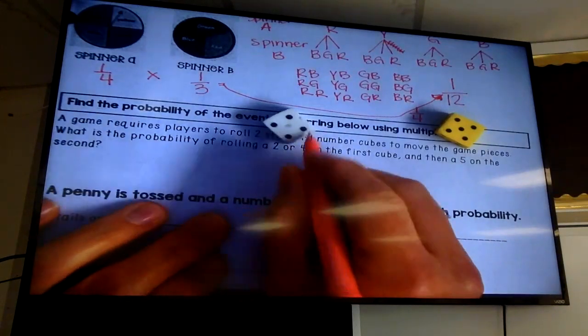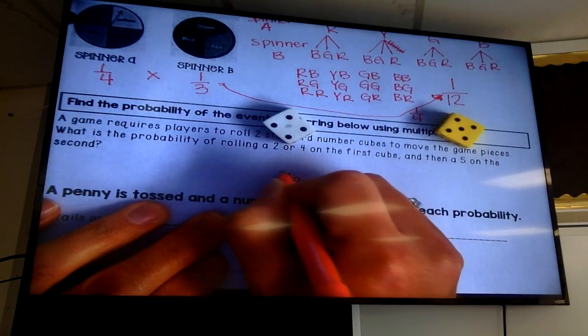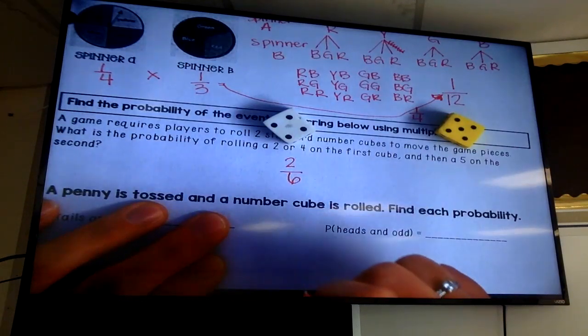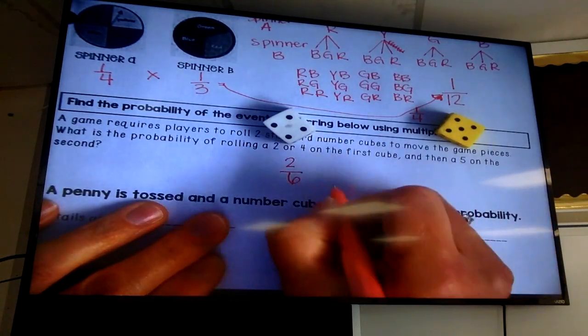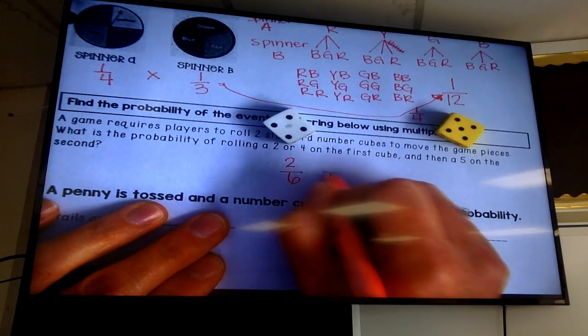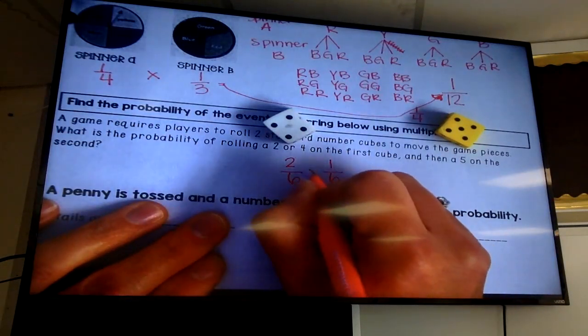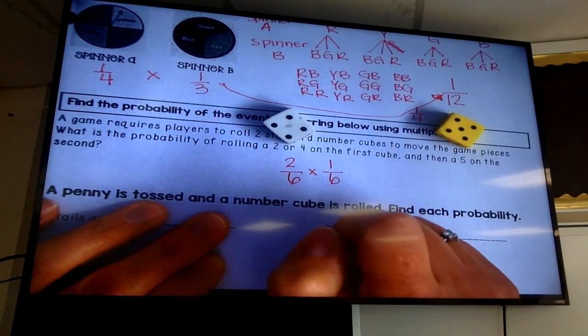So, okay, let's think about this one first. 2 or a 4. So there's 6 sides on my number cube, and 2 of them have either a 2 or a 4. And for this one, again, there's 6 sides on a number cube, and only one of them has a 5. So I'm going to multiply those numbers together to get my answer.